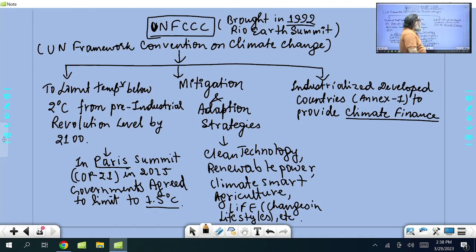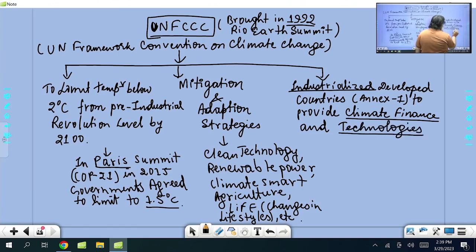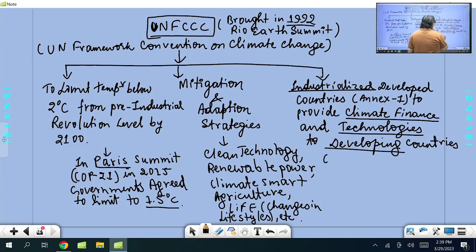Industrialized countries provide climate finance, technologies and clean technologies to developing countries, so that developing countries can also limit carbon emissions. These are called non-Annex 1 countries under the convention.